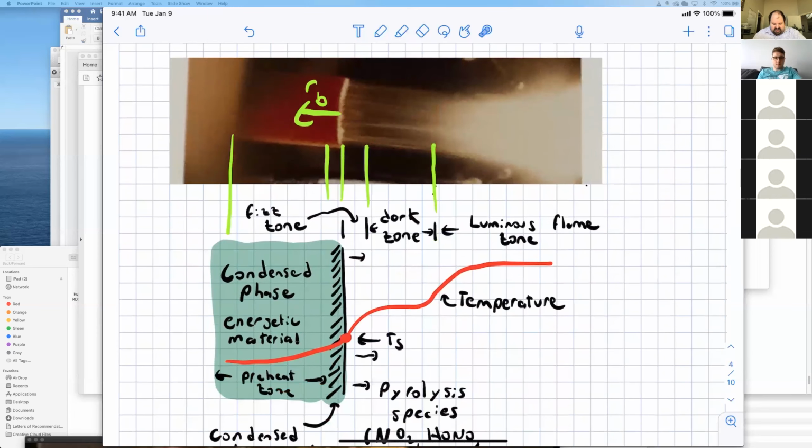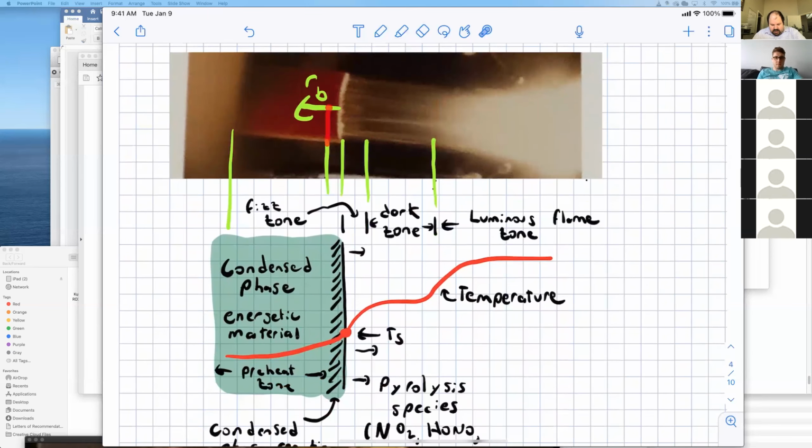There is a region where the solid material is hot enough that you can have chemical reactions in the condensed phase. Those could be different solids turning into other solids, different crystalline forms, like alpha RDX being converted into beta RDX, which are just different crystalline structures, or bubble formation, things like that.